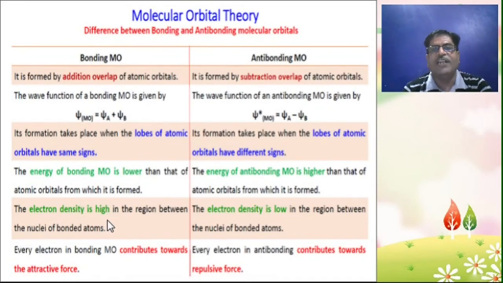The electron density is high in the region between the nuclei of bonded atoms in a BMO, but in an ABMO the electron density is low in that region. And the last difference: every electron in a BMO contributes toward attractive force, while in an ABMO every electron contributes toward repulsive forces.